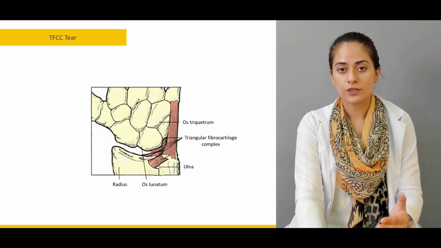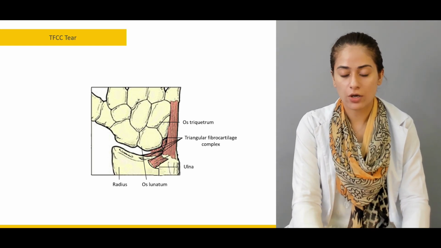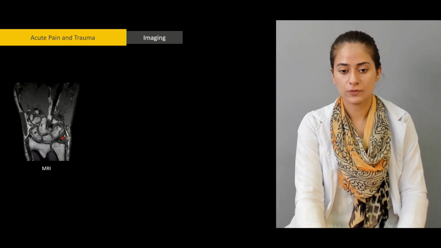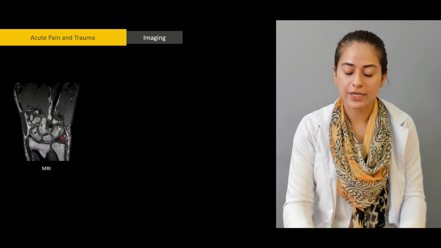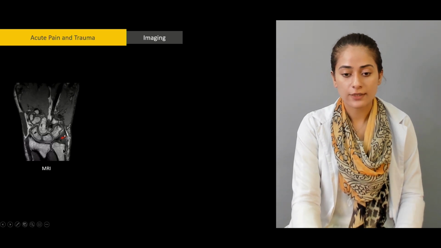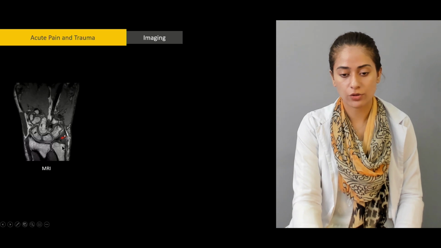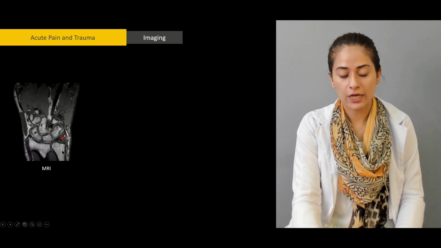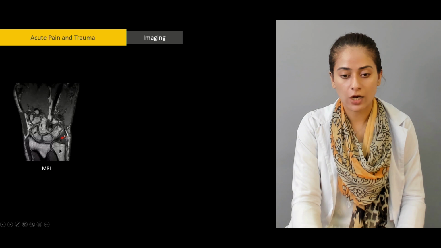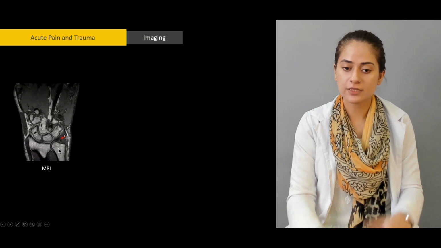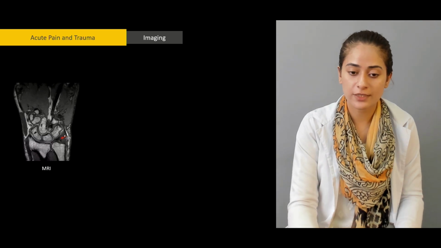So now that we have discussed the anatomy, let's see how it appears on radiographs. This is an MRI image. Here, this is the ulnar bone and the radial bone. The ulnar collateral ligament is here. The ulnolunate ligament is here. The ulnotriquetral ligament is here.